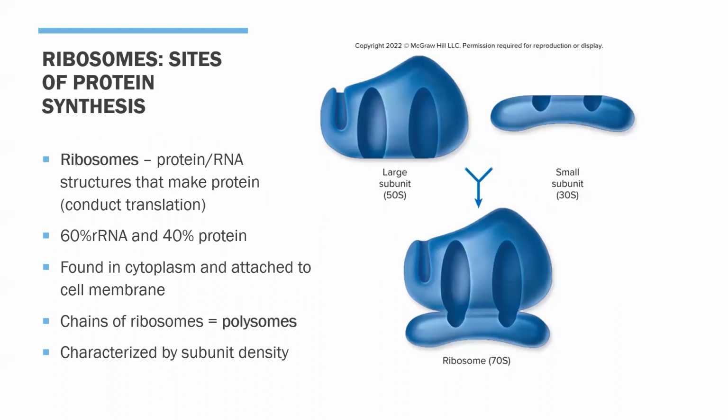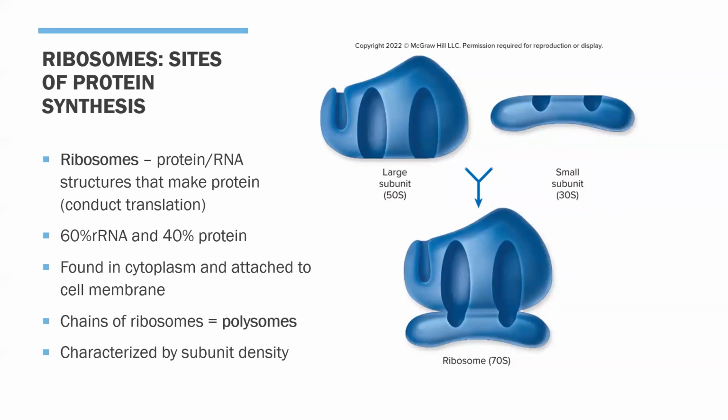Additionally, you would find ribosomes within the cytoplasm of a bacteria, and they are sites for protein synthesis. Ribosomes are comprised of both protein and RNA, and together these two macromolecules form a structure that is used to make protein.